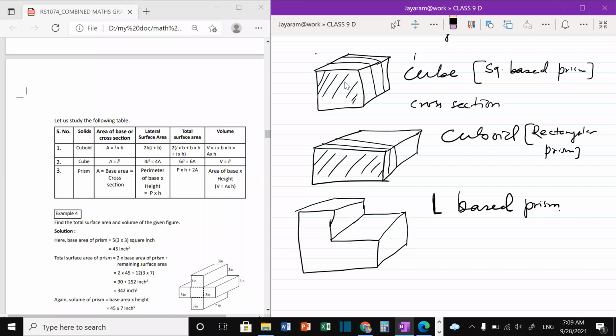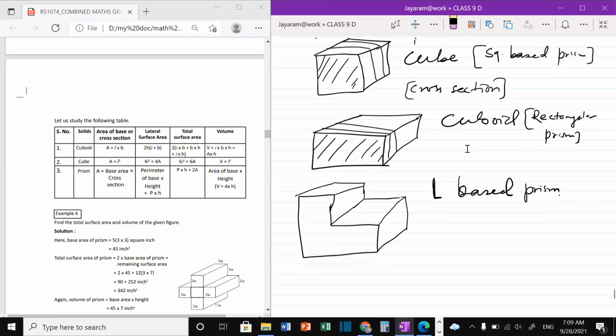Again I'm going to tell you about cross section, a very important concept. Cross section is that surface from where if you cut, the new surface becomes the same as the previous shape.